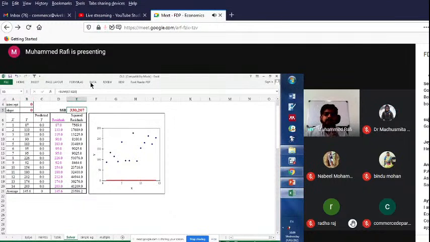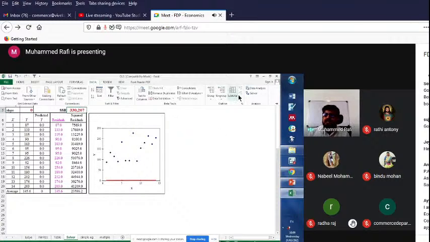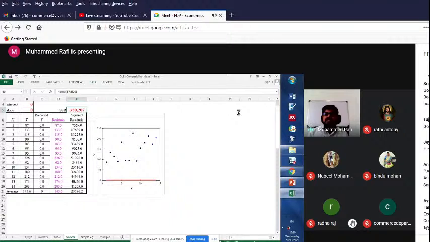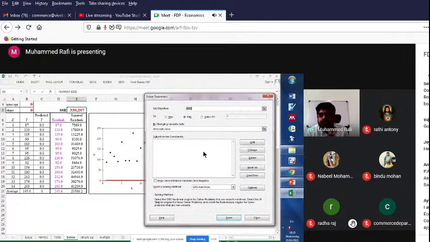So in Excel, you can see that there is an option called solver, which can go for either maximization or minimization. So here, we are trying to minimize the residual sum of squares.